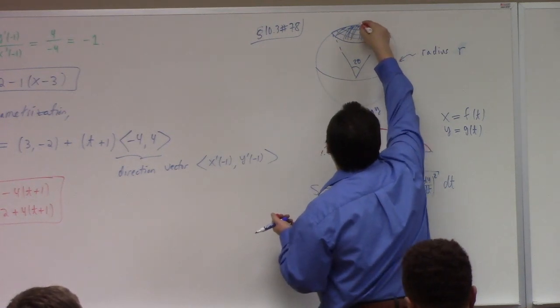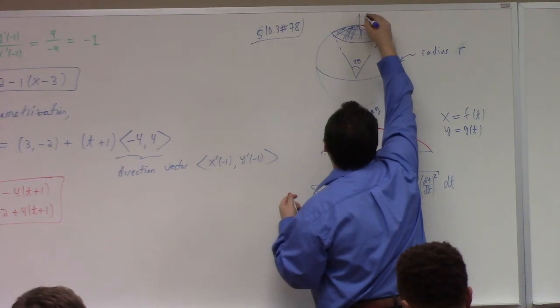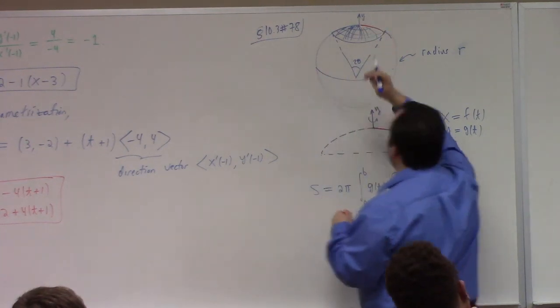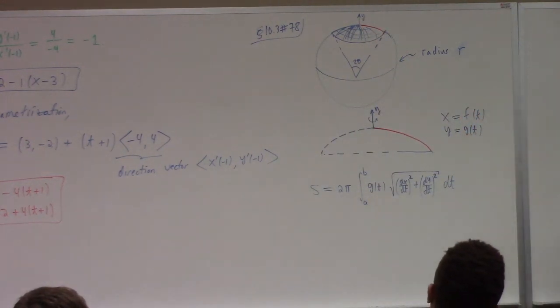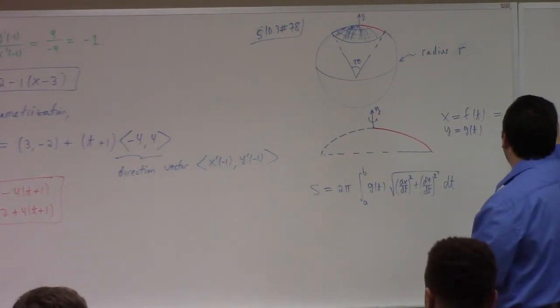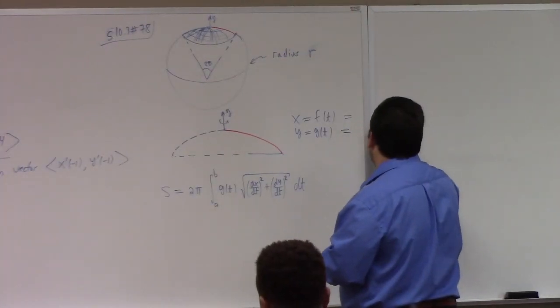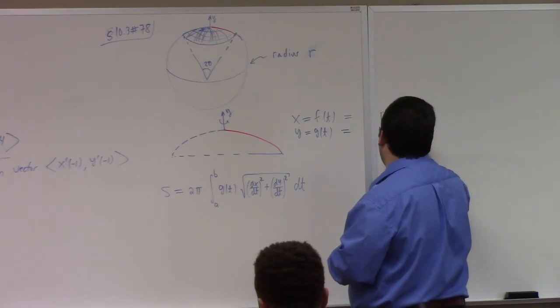As you swing that thing around, you get the cap. It's not the full circle, it's just an arc on the circle. May I suggest perhaps r cosine t and r sine t? Now, that'd probably be a bad choice, actually.